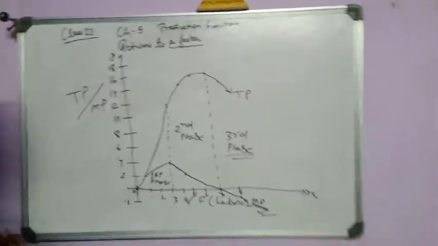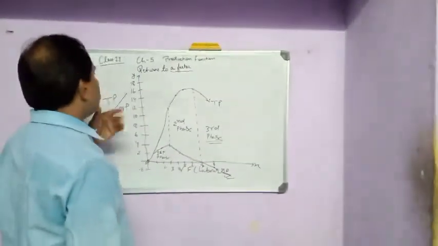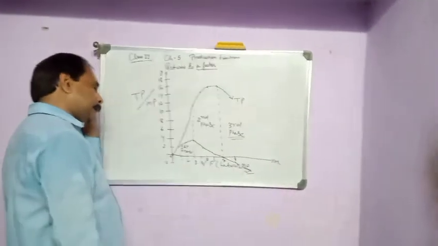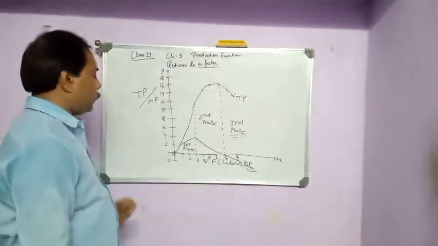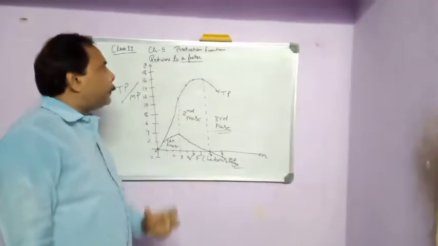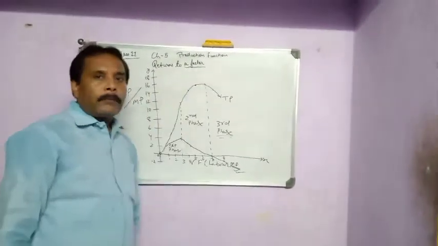So in other words, we can say that the total production increases at an increasing rate, after that it increases at a diminishing rate. So this schedule and the diagram will help you to understand the production function.